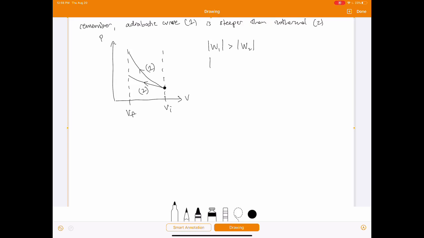Which says in this case that there's more work involved in the adiabatic process than in the isothermal. So what that's saying is if you're going to compress a gas, it's going to require more work to do it adiabatically than if you were to do it isothermally.